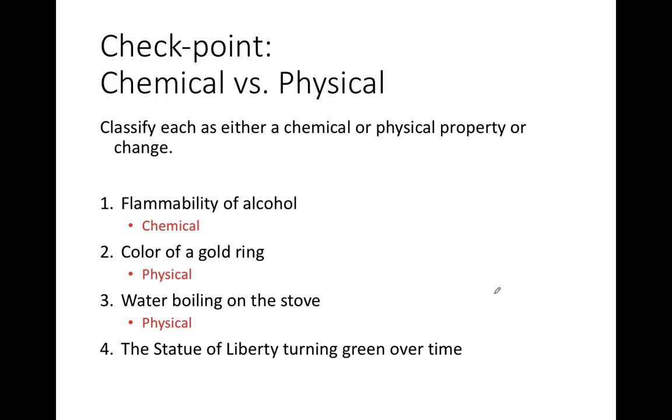It's a chemical reaction or some type of chemical change that's happening. So the flammability of alcohol is a chemical property. The color of a gold ring is a physical property. The water boiling on the stove is a physical change. And the process of the Statue of Liberty turning green over time is a chemical change.